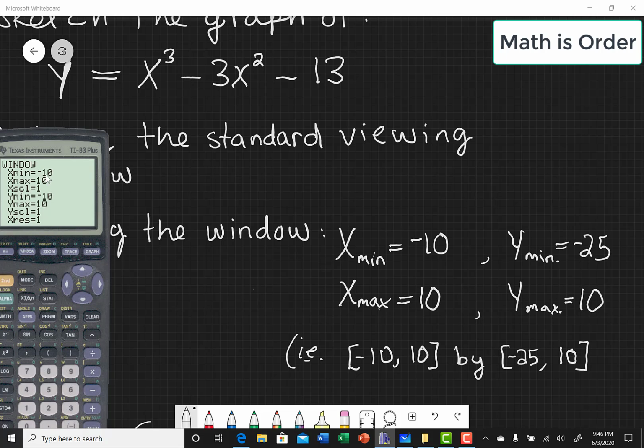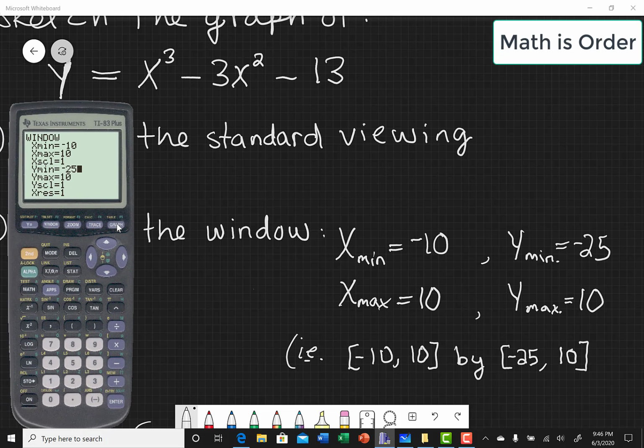So X min negative 10, X max 10, Y min should be negative 25 now, and Y max 10. And then now if we click on graph, we can see what the real graph should be.